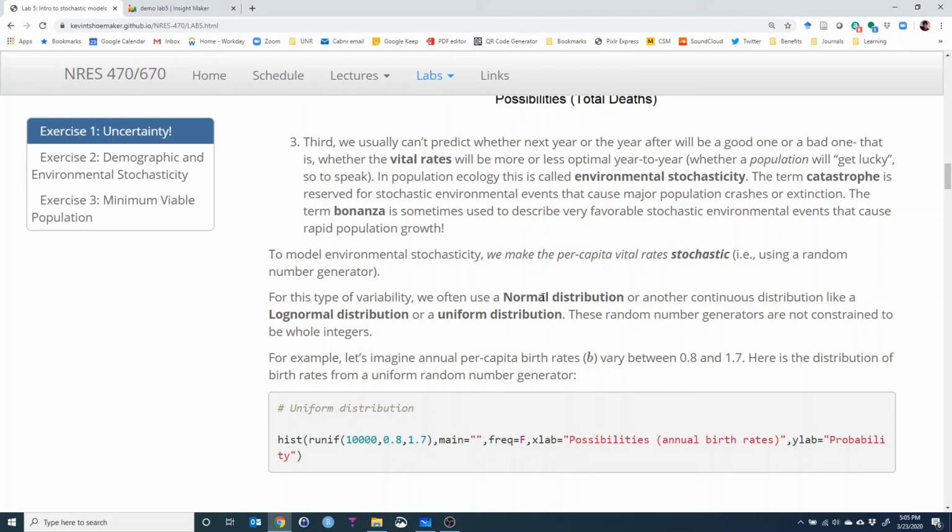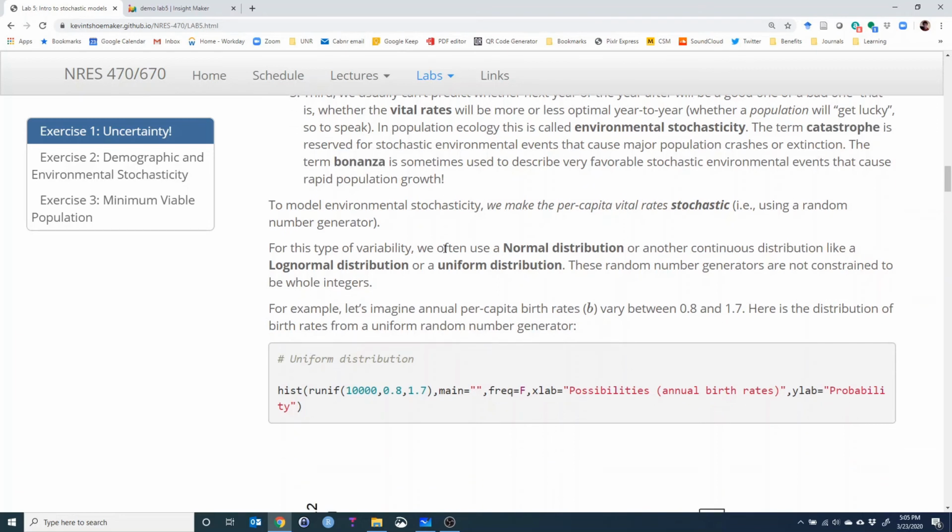And so catastrophes, which would be like droughts or floods, something really negative to the population, or bonanzas, are just another form of environmental stochasticity. So that's when a population gets lucky or unlucky, or very unlucky in the case of a catastrophe, or super lucky in terms of a bonanza.